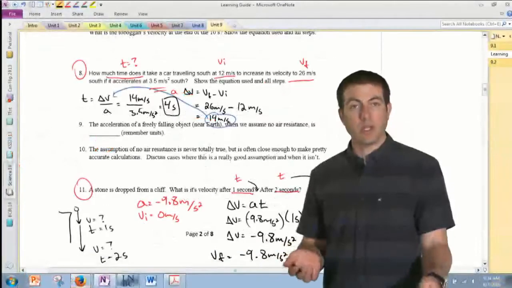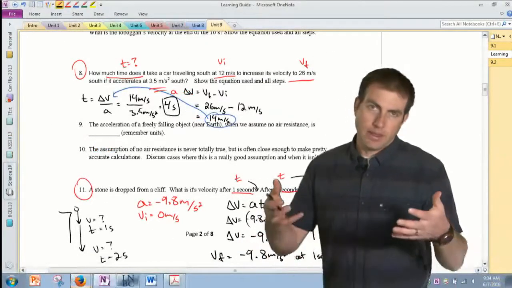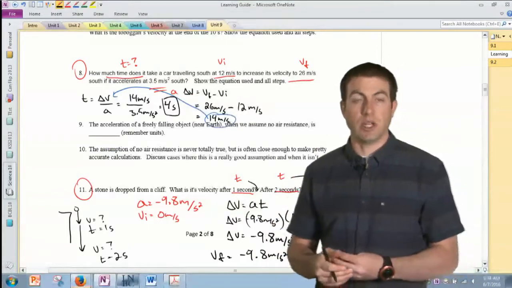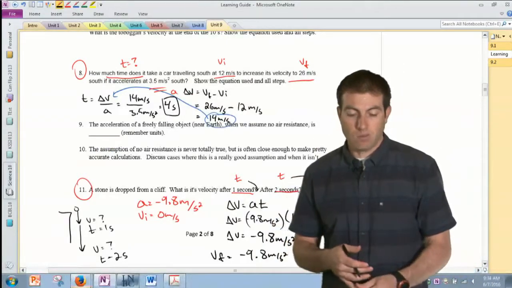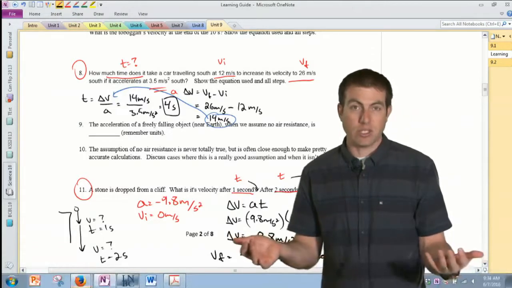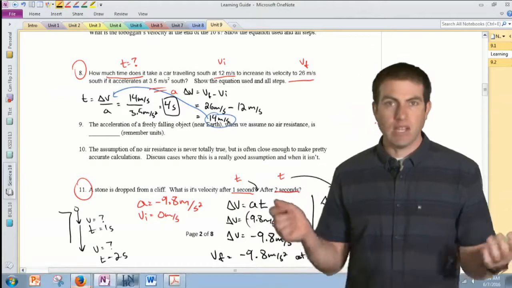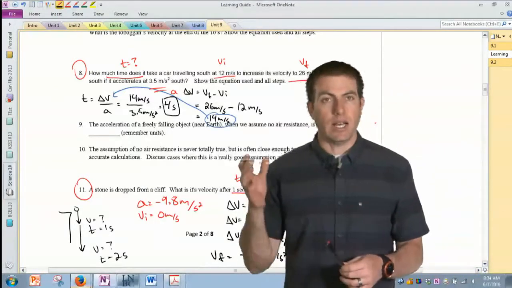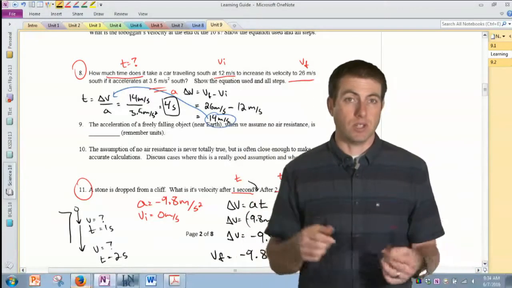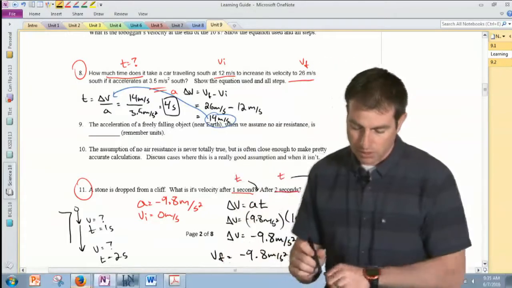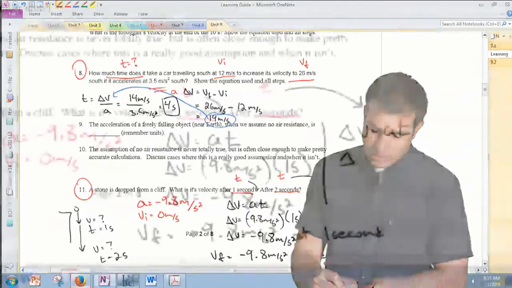If it starts from 0 and it's changing by negative 9.8, then after a second, it's going to be traveling at negative 9.8. And that's true of any object in free fall. We ignore air resistance. After 1 second, it'll be going 9.8, as long as it's not thrown or anything like that. If any object's dropped, after a second it'll be traveling at 9.8, going down.